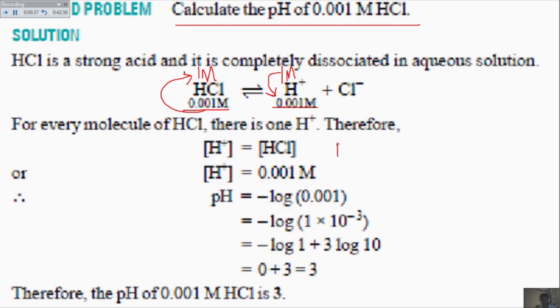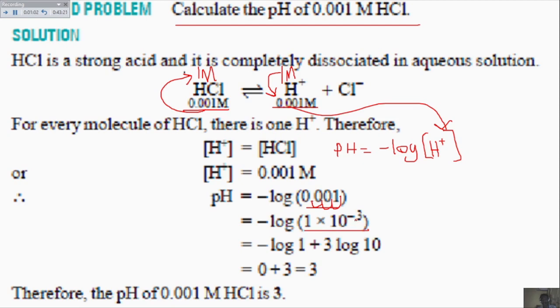We know that pH is equal to minus log H plus. Then insert your value into this. You put it in standard form: move from right to left, 1, 2, 3. That will be 1 times 10 to the power minus 3.